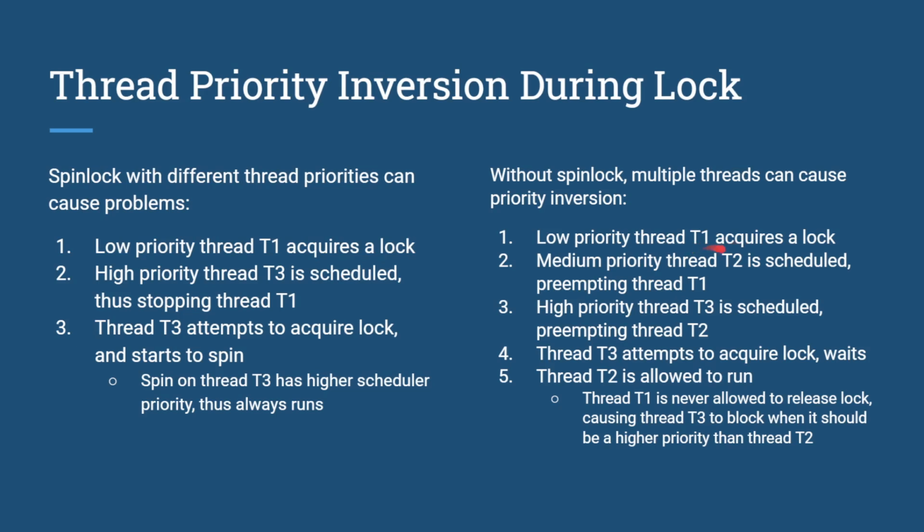This gave the low priority thread high priority status to finish, and then thread 3 could continue. So this is called priority elevation, and priority elevation helps solve a priority inversion, both in this case as well as the spin lock case.